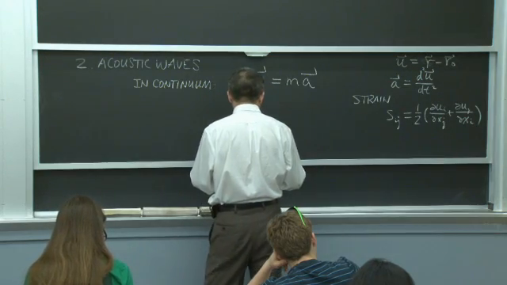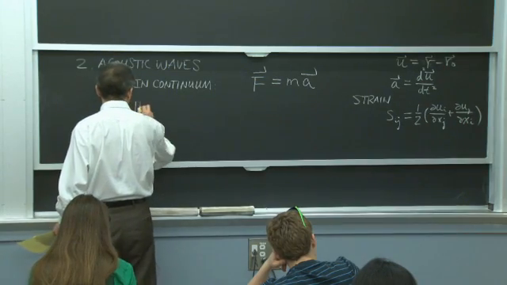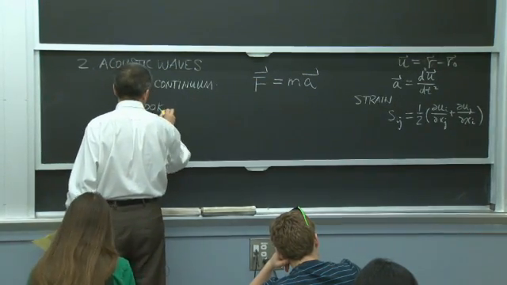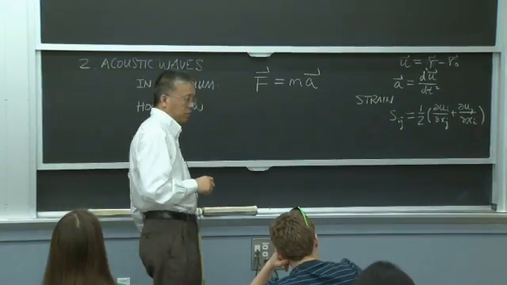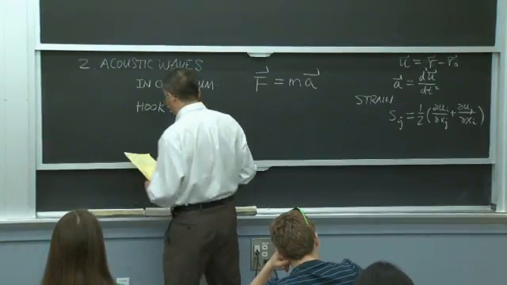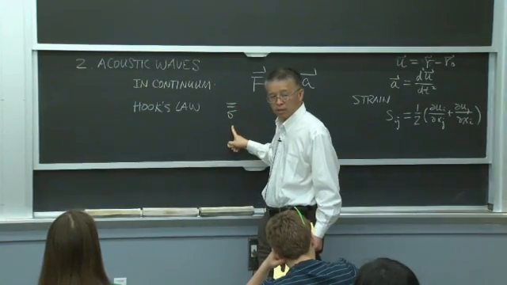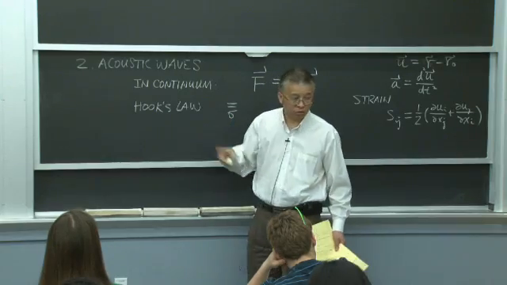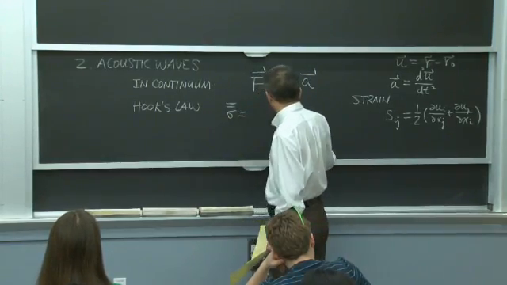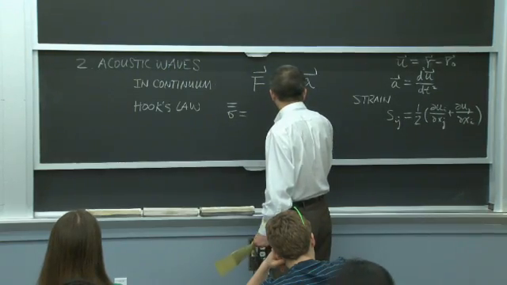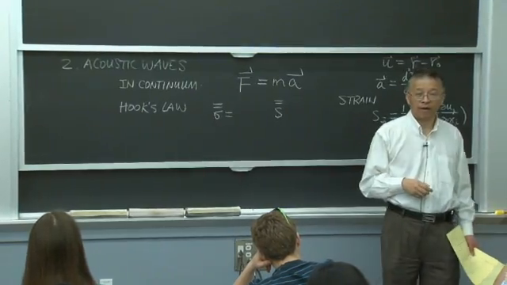Okay, so we have Hooke's law in the material. In the most general form it is really a tensor relation, right? The stress is related to the strain S. So this double hat means a second order tensor.